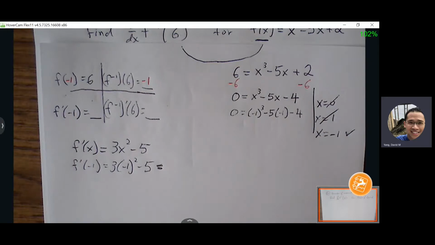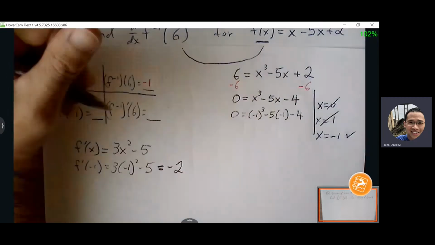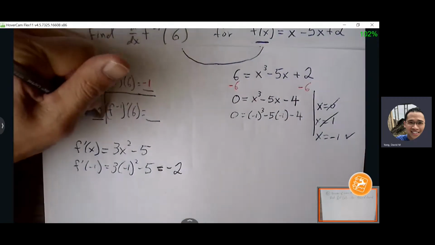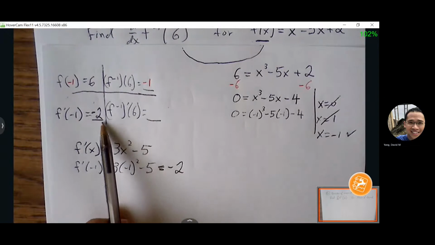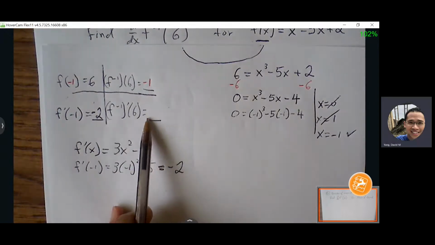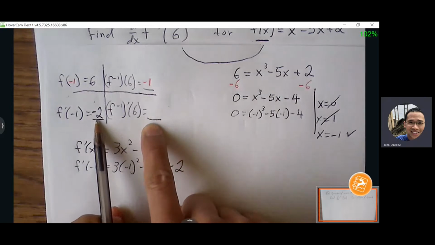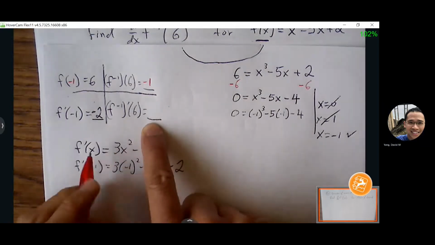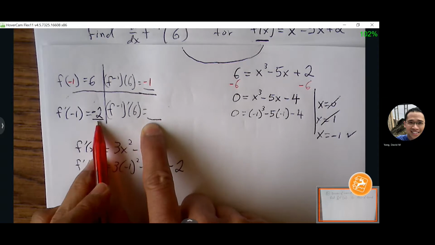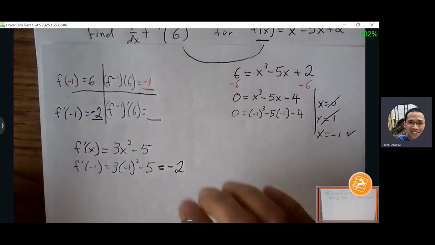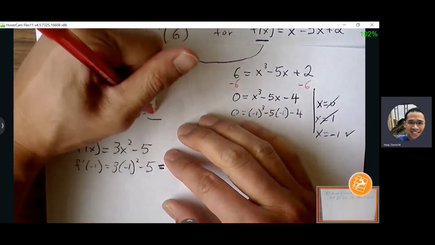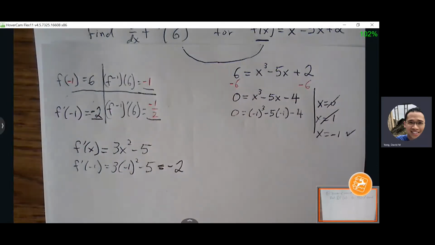Slope is what? Negative 2. So if we know the slope of the original function, can we figure out the slope of the inverse? What's that numeric relationship going to be? Good. Just flip the number. Do not change the sign.